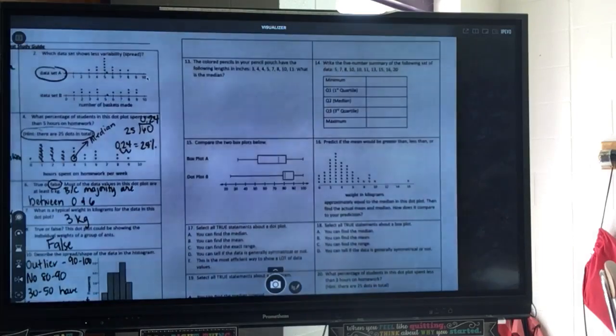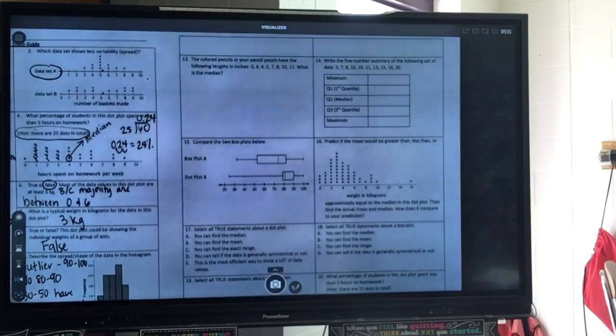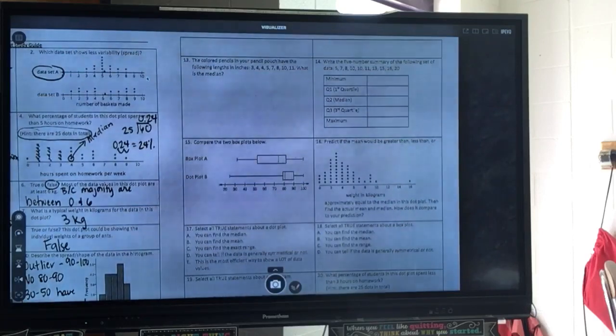Alright, number 13. The colored pencils in your pencil pouch have the following lengths: 3, 4, 4, 5, 7, 8, 10, and 11. What is the median? Alright, so what do we have to do to solve this problem? Troy? What do you have to do before you start crossing things off?